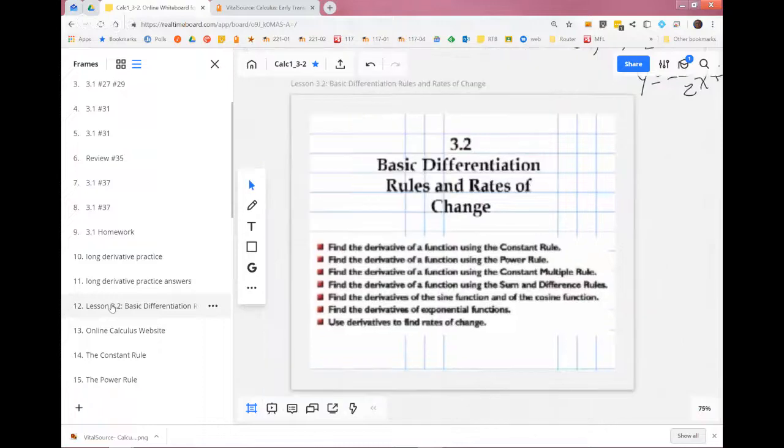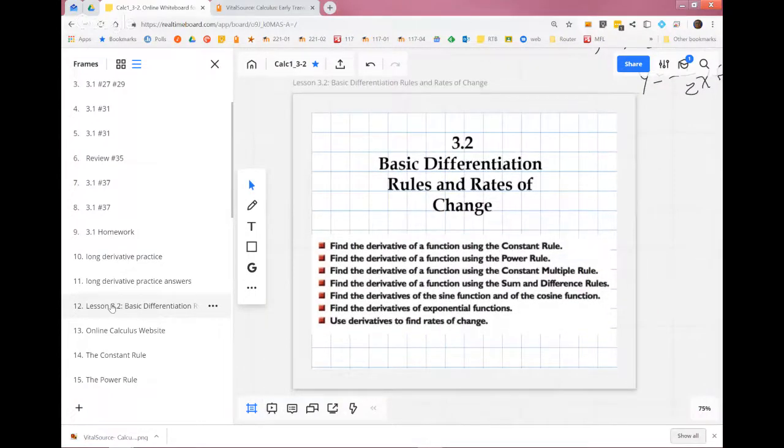Here's our new lesson, and this is mostly joy today because we're going to get past the full-blown, long, drawn-out derivatives.